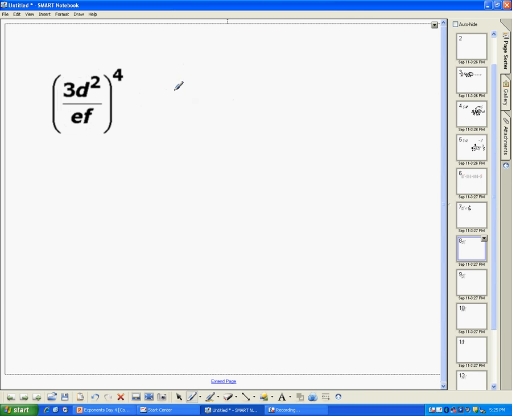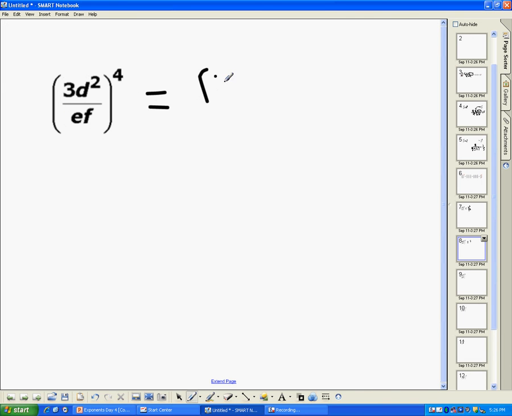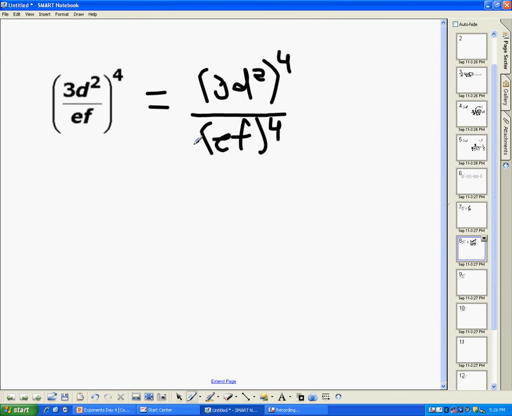So for this example, this is equal to 3d squared, and all of that to the power of 4 over EF to the power of 4. And again, now I have to apply my rule where I distribute my power to everything that's on the inside.